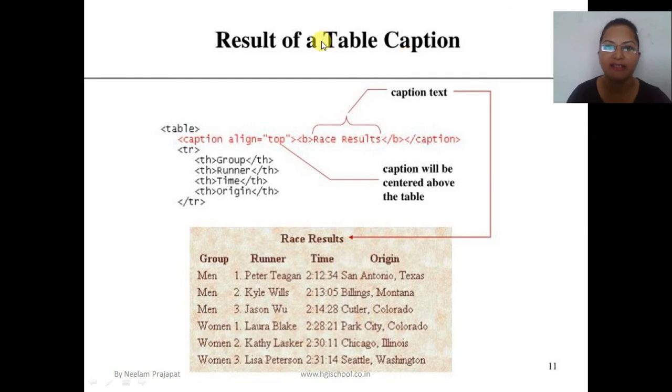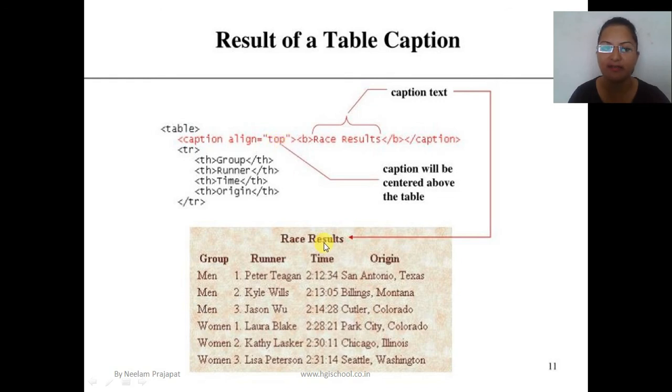Now you can see the result of the table caption. See, I told you, you have to write the caption inside the table tag. Got it? I have not written the complete code. You can see there is the table tag, the caption tag and only the first row. So you can complete the code. After the table tag, the caption is there with align top, that means it will be at the top of the table.